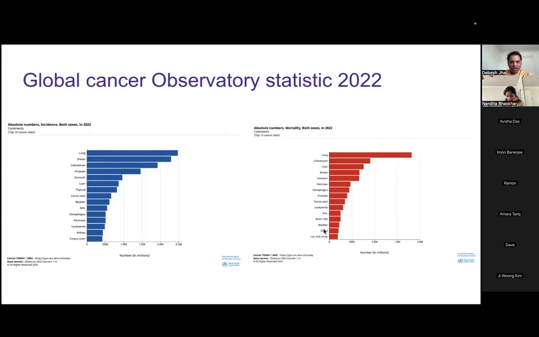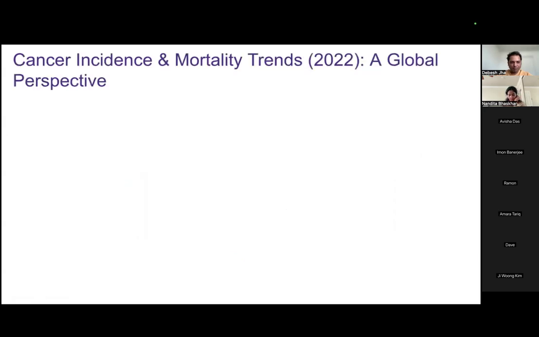If you compare from the past data, let's say from 2020 or 2018, the number of cancer incidence is increasing day by day. That's why we have to use certain tools or applications such as AI to detect cancer at the early stage so that we can save a lot of life.